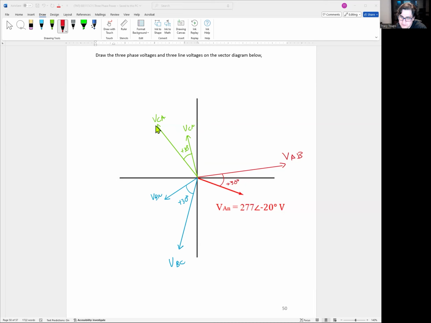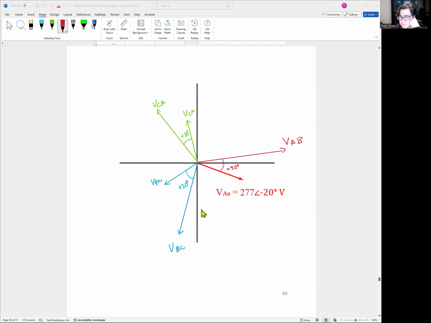So here it'll be 480 and positive 130 degrees. If you look at the shorter arrows, the phase-to-neutral voltages, they should all be 120 degrees apart, equally distant. If you look at the line-to-line voltages, VAB, VBC, VCA, they should all be 120 degrees apart, equally distant as well. Okay, so that's the 6 voltages you'll typically see in power systems on a vector diagram.